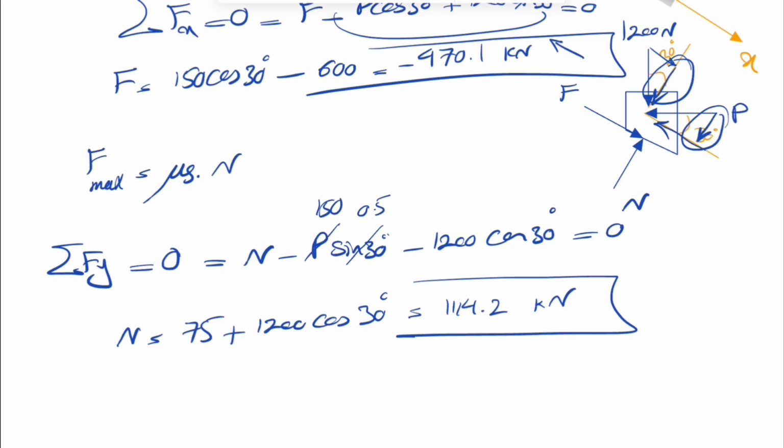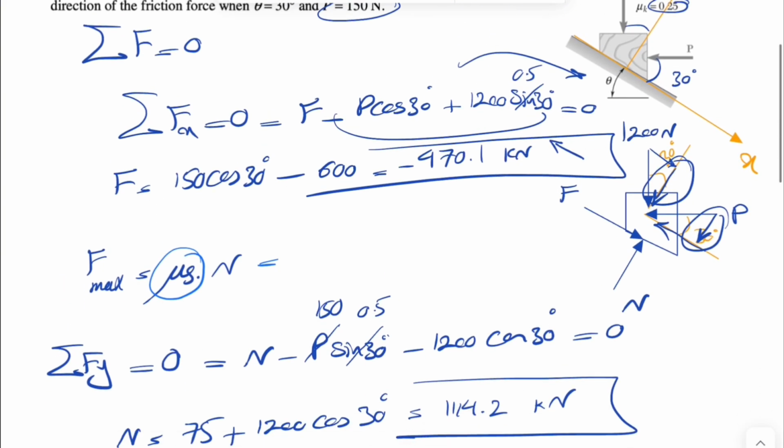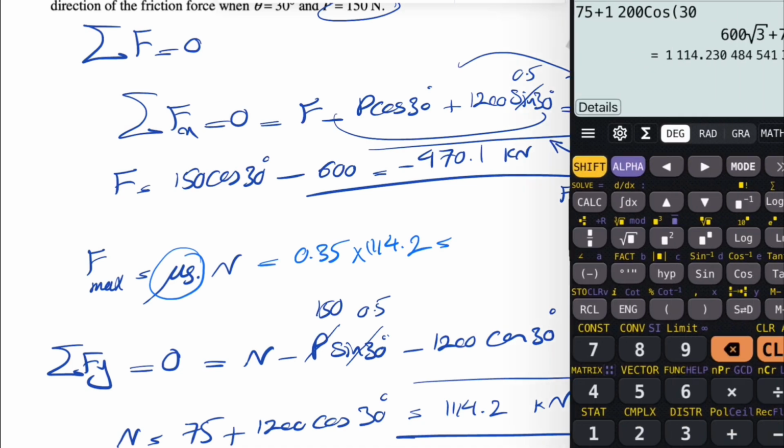Now that we have N, we can find our friction in the previous step. The coefficient would be 0.35 times 1114.2.